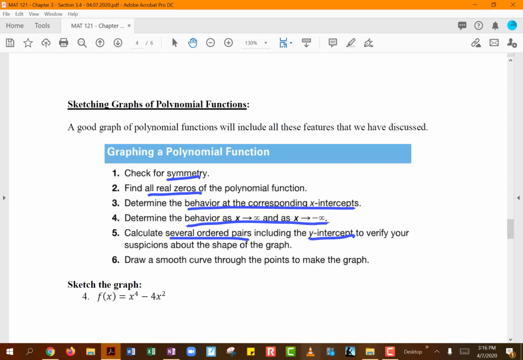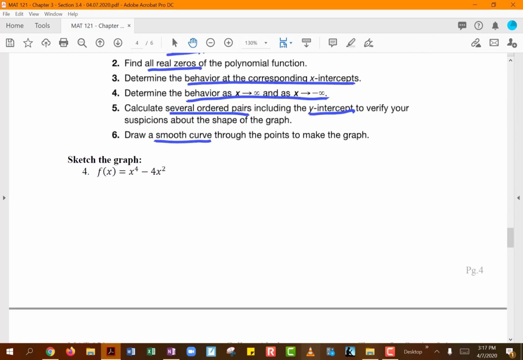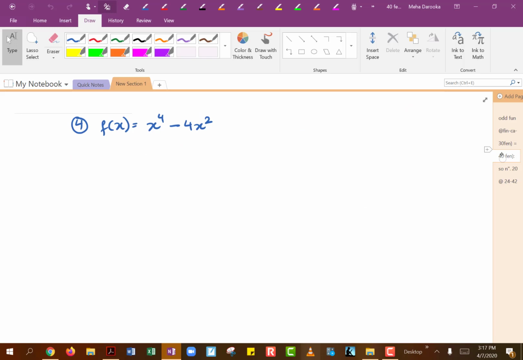And then of course, draw a smooth curve through all the points that you have. Okay, so let's put all of this information together here in example 4. We are given f of x equals x to the 4th power minus 4x squared. So let's take a look at this. The first thing we're going to do is start with symmetry.